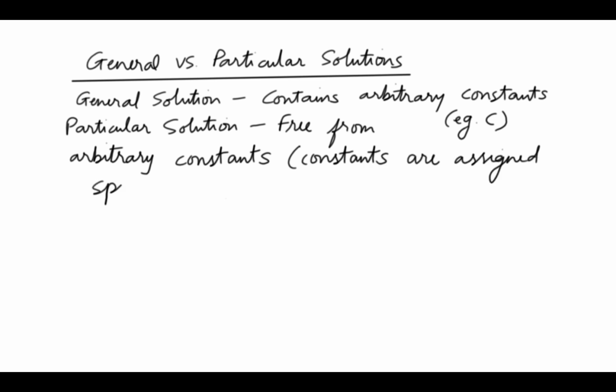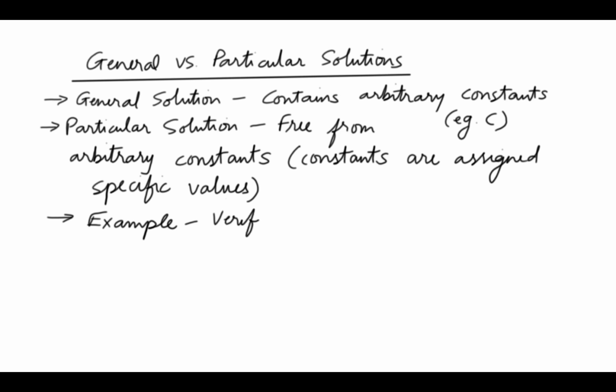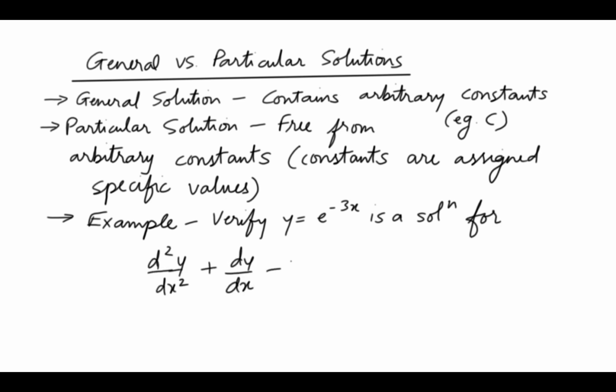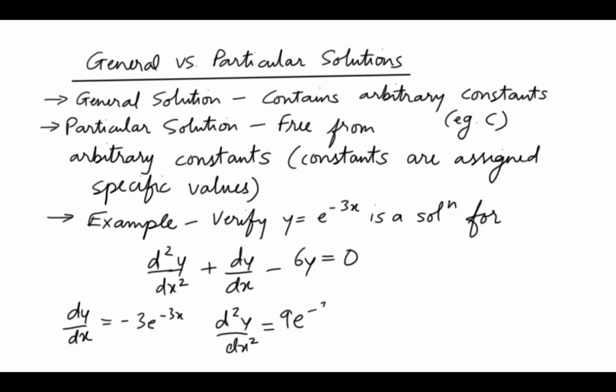So if we take a quick example to verify this, the solution is y equals e raised to minus 3x, and its differential equation is d square y upon dx square plus dy by dx minus 6y equals 0. This is the differential equation, and y is e to the minus 3x.